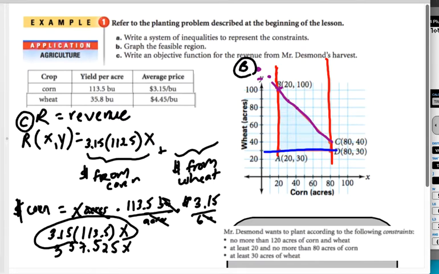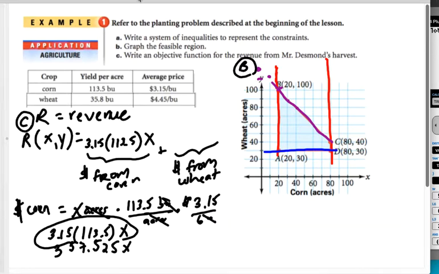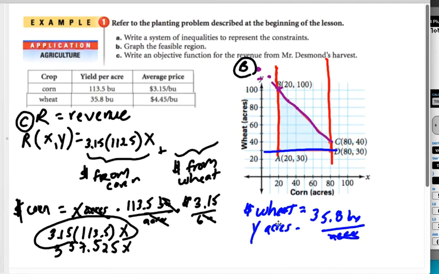When I do the same thing for y, I think you can see the same logic for y, right? If I try to do the same thing for y, let's get rid of these guys that we don't need now. If I do the same thing for y, what you're going to find is that my money for wheat is going to be my y acres times the 3.58 bushels per acre, which is going to cancel acres, times the $4.45 per bushel, which is going to get rid of bushel.